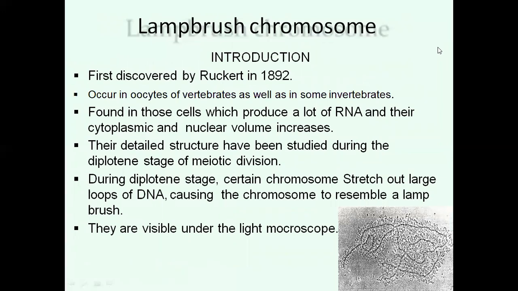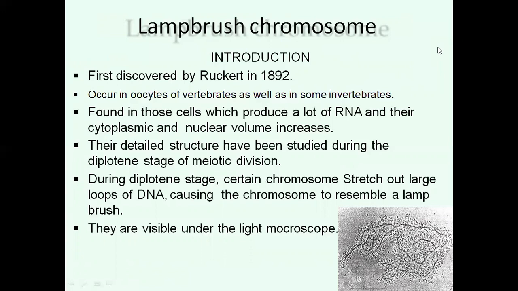First, Lampbrush chromosomes. Lampbrush chromosomes were first discovered by Ruckert in 1892. These chromosomes occur in oocytes of vertebrates as well as in some invertebrates.